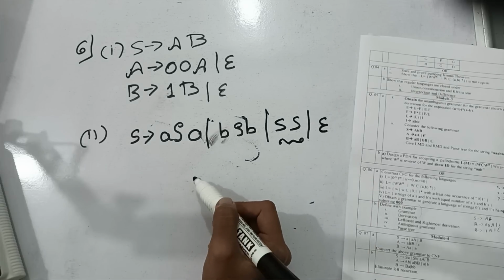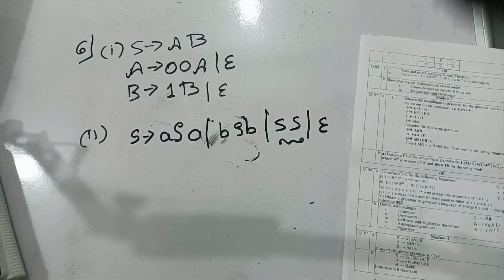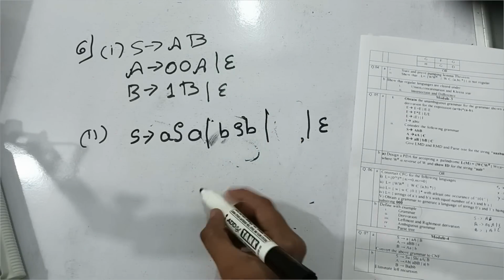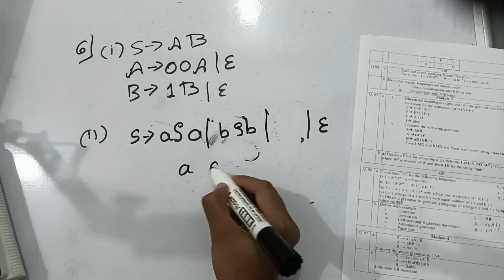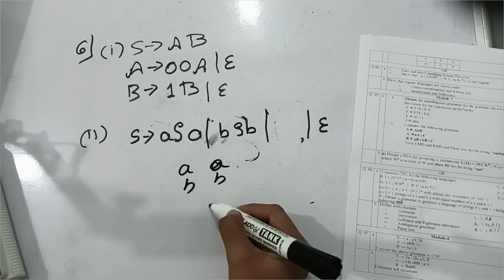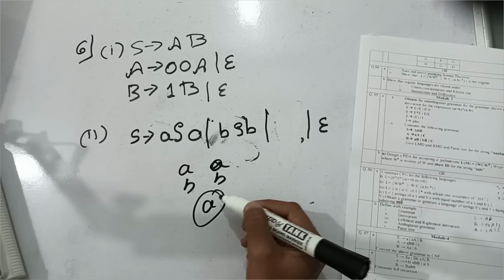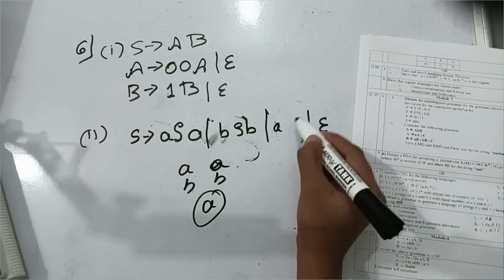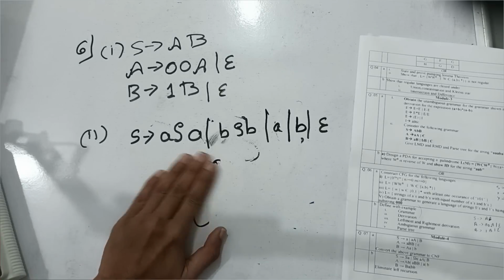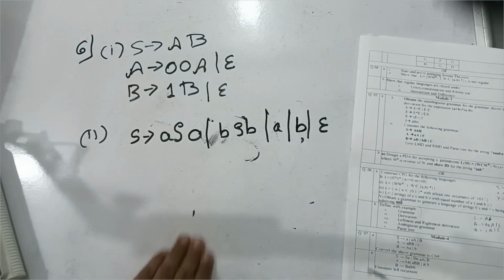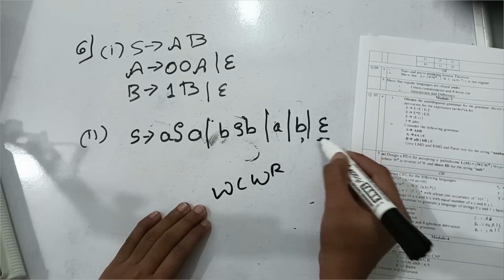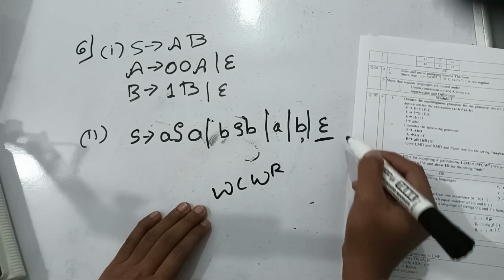Because it starts with A, ends with B, ends with A and B, and if a single A comes, that needs to be accepted, right? And one B should be accepted. If the string is WCWR, in that case the base case is changed to C.